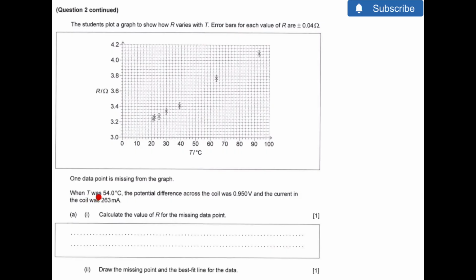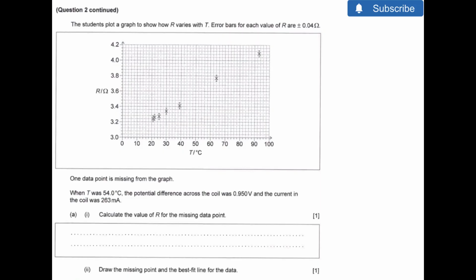When the temperature was 54 degrees Celsius, the potential difference across the coil was 0.950 volt, and the current flowing in the coil was 263 milliampere. Now we have to find out the value of the resistance from this missing data point.